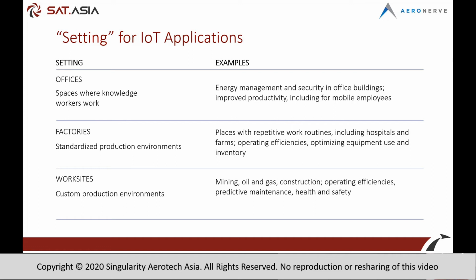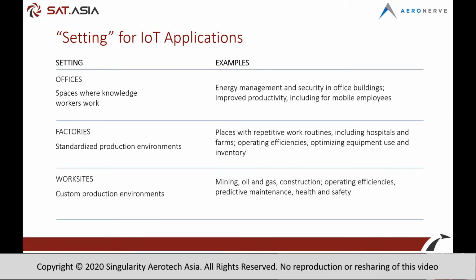Next setting is the work sites. The definition of it is custom production environments. It does not necessarily have to be in one site, but could be in multiple sites, or the site could be moving, for example in mining, oil and gas, and construction, from one site to the other.